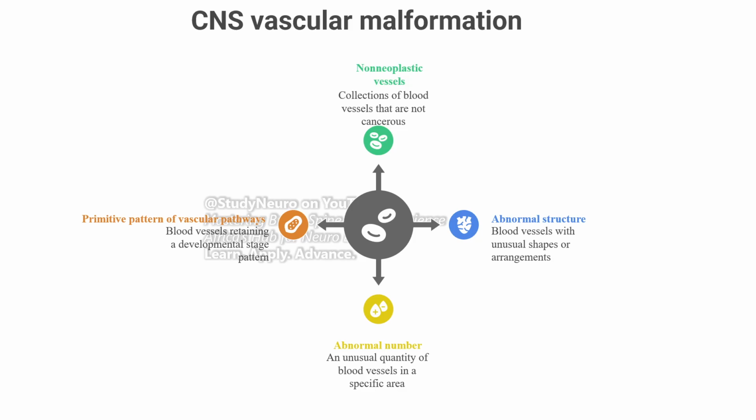Vascular malformations are also known as angiomas. They are non-cancerous clusters of abnormally formed or excess blood vessels, arteries, veins, capillaries, or a mix, resulting from disrupted embryologic development and primitive vascular pattern persistence, often with altered blood flow dynamics.